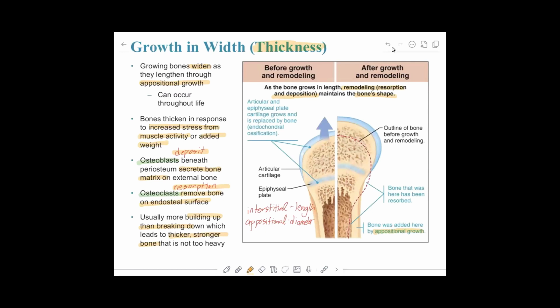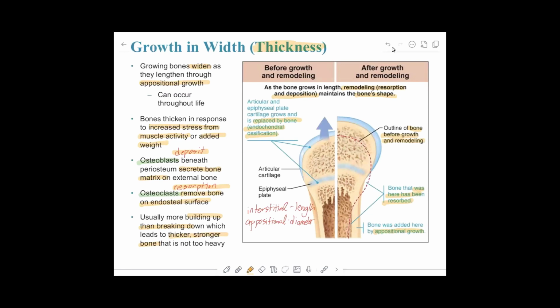So it's kind of like this is an outline of the bone before growth and remodeling. And this is bone that was here and has been resorbed. And articular and epiphyseal plate cartilage grows and is replaced by bone, again, which is endochondral ossification.